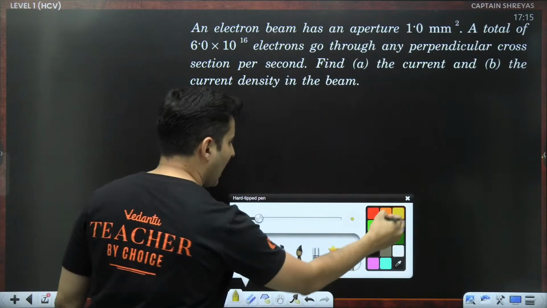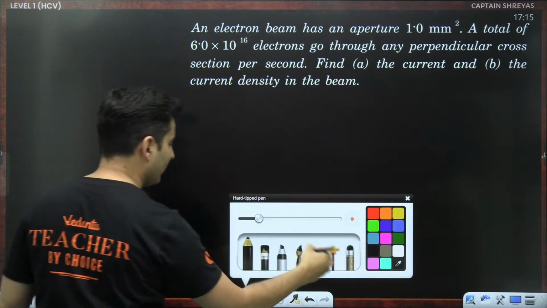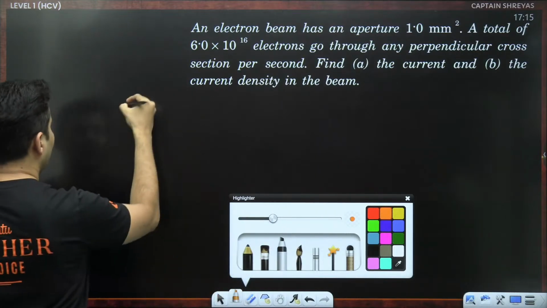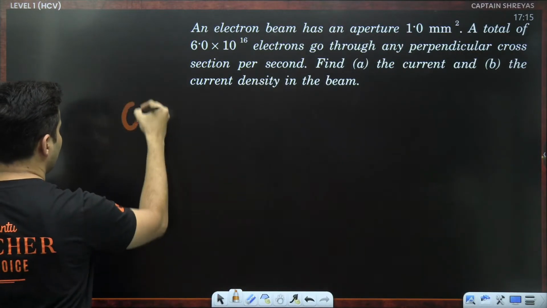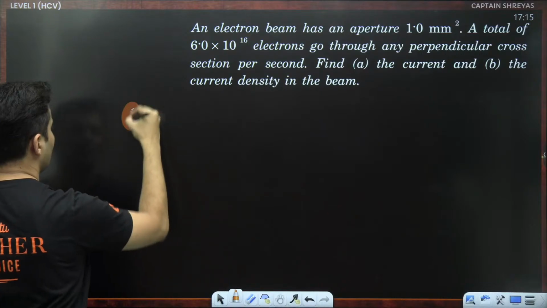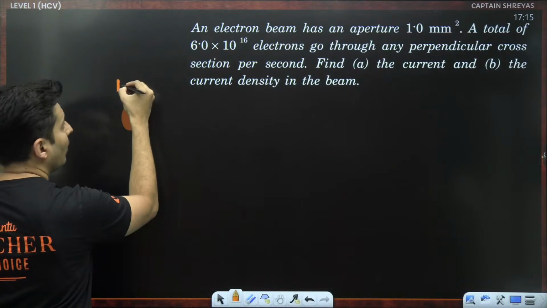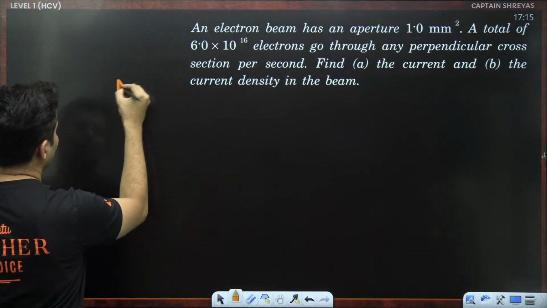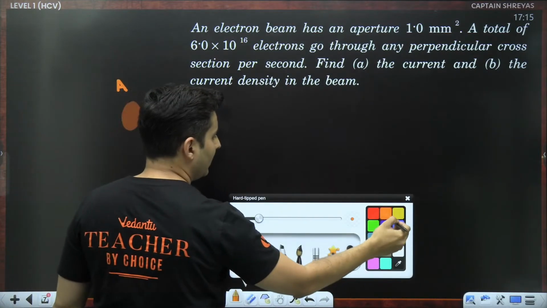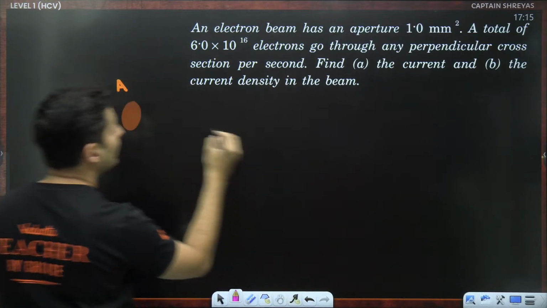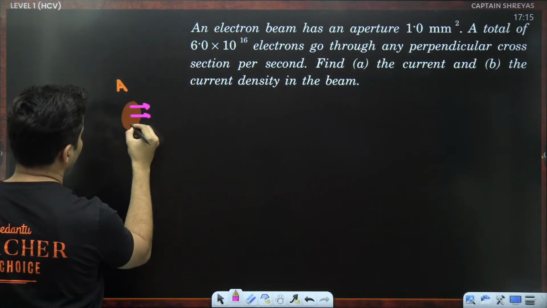See, understand what is happening in this question. If you consider this as your cross section, which has an area of 1 millimeter square, I'll just call it A, and electrons are flowing through it like this.